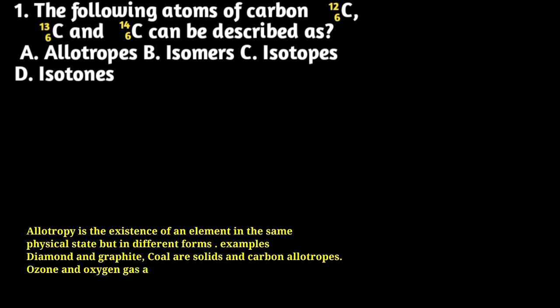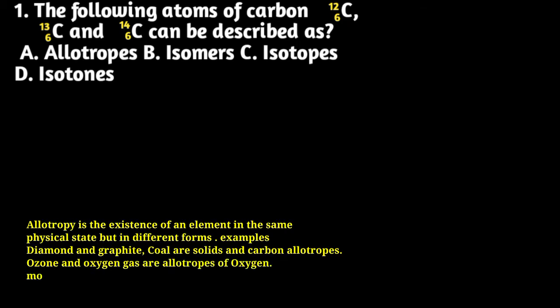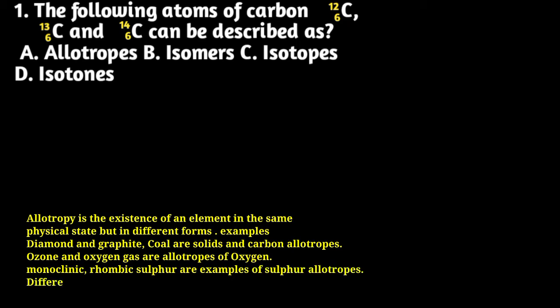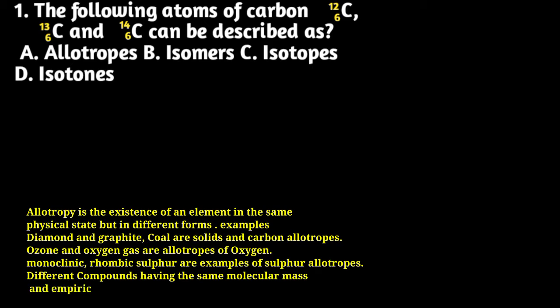Other elements that behave like this include oxygen, which we have as oxygen gas O2 and ozone gas O3. All of them are gases. You understand what we mean by same physical state. If you go back to carbon, you notice that all of them are solid, despite the different colors they might appear to have.